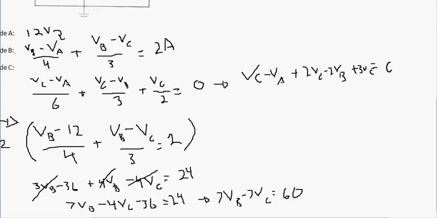Now 1 VC plus 2 VC plus 3 VC is 6 VC, minus VA minus 2 VB equals 0.